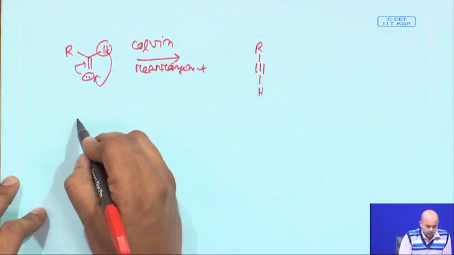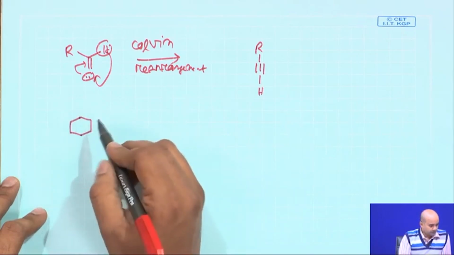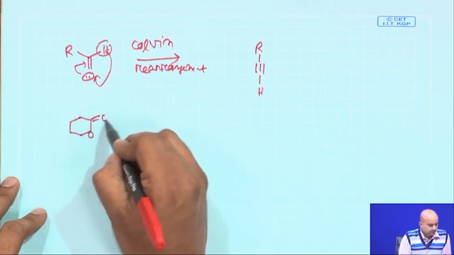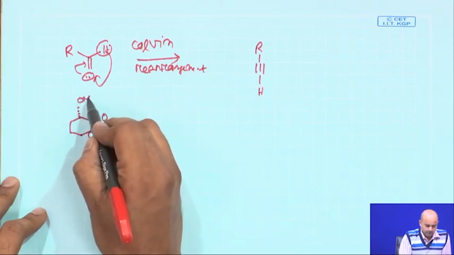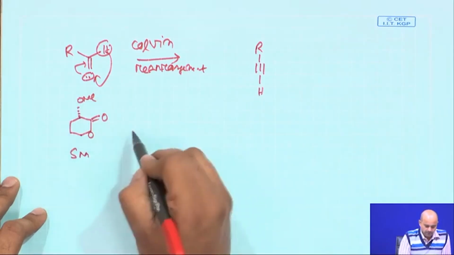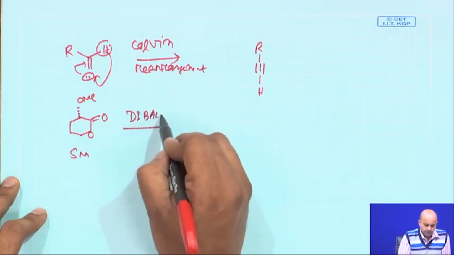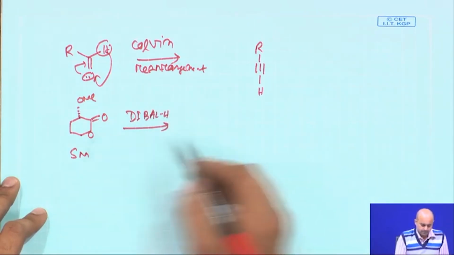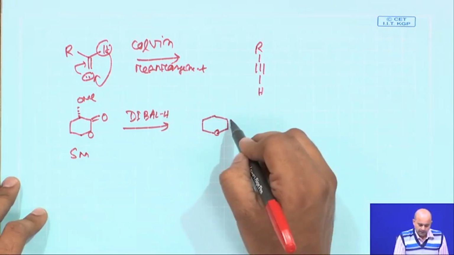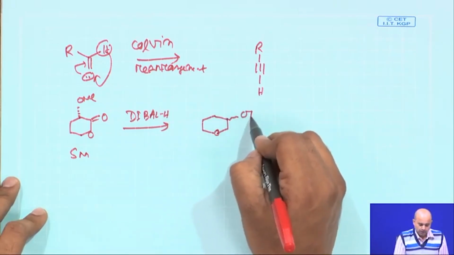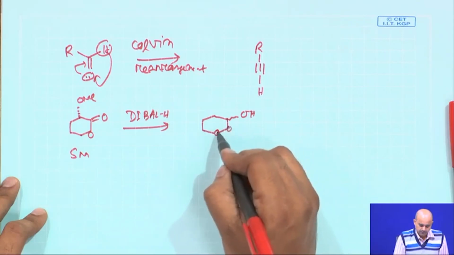So, now try to figure out how this transformation can be carried out. You start with the initial compound which was given as the starting material and first react with DIBAL. DIBAL is a selective reducing agent that will reduce only the lactone to the lactol. Sorry, the oxygen is here, this is a carbon.